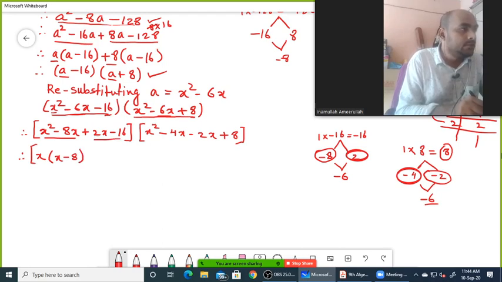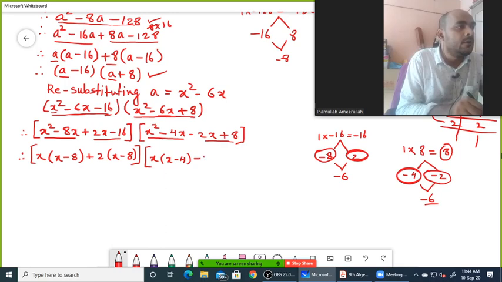In the last two terms, plus 2 can be taken out as a common factor, so you will be left with x minus 8 again. In another bracket, in the first two terms, x can be taken out as a common factor, so x minus 4 is left. And here we can take out minus 2 as a common factor, so x minus 4 will be left.